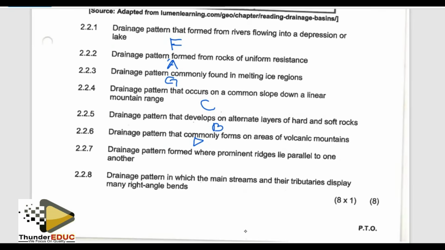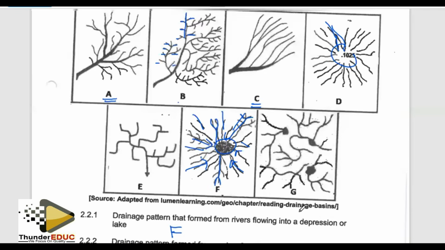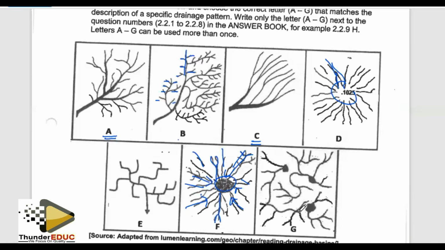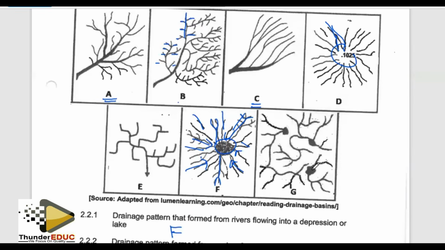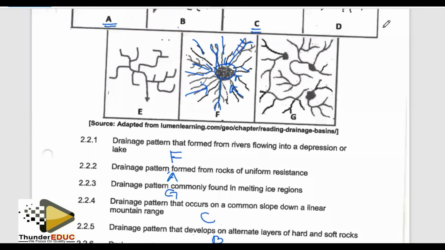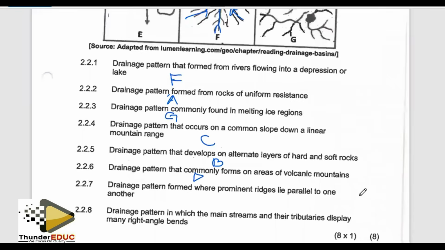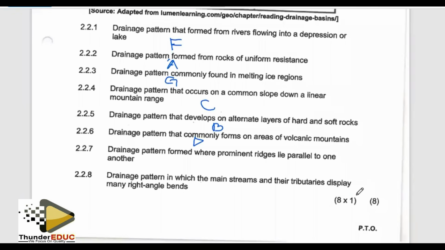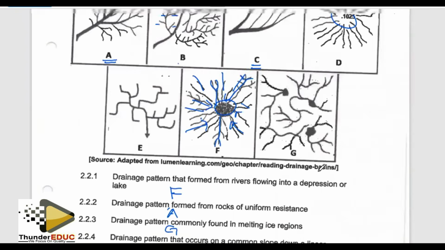Let's check this question once again. A pattern found where prominent ridges lie parallel to one another.